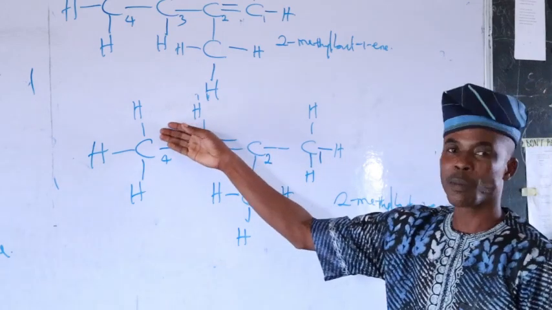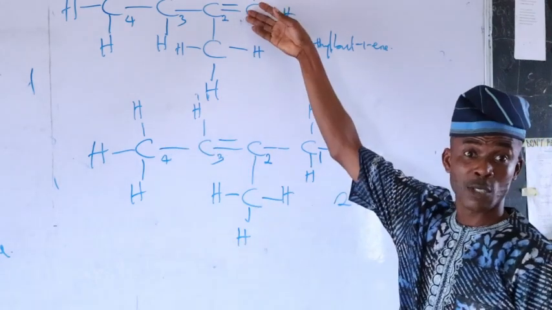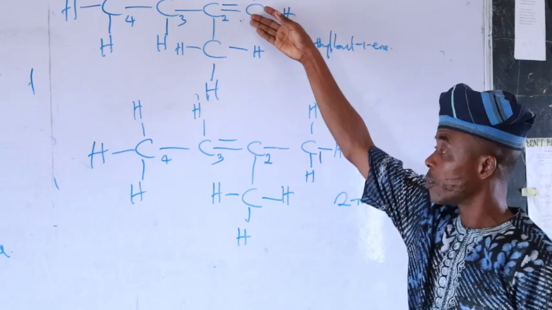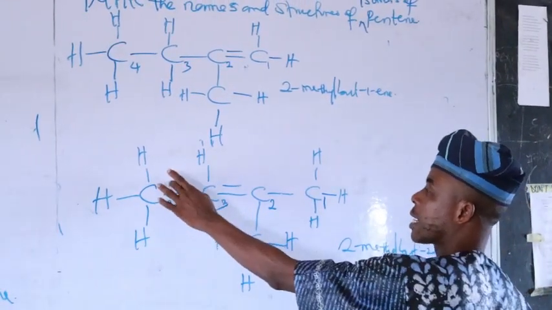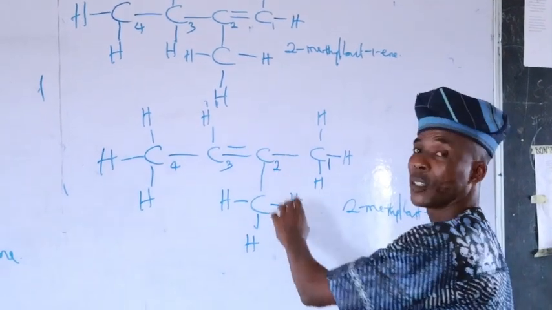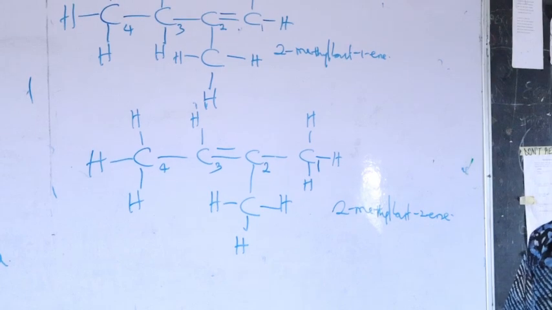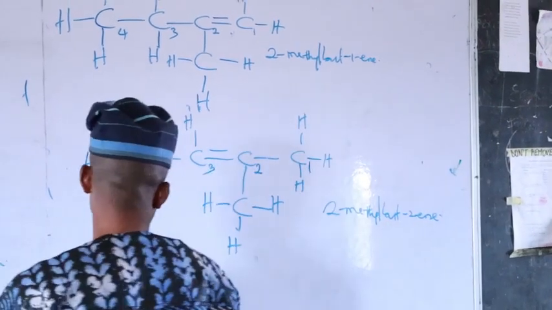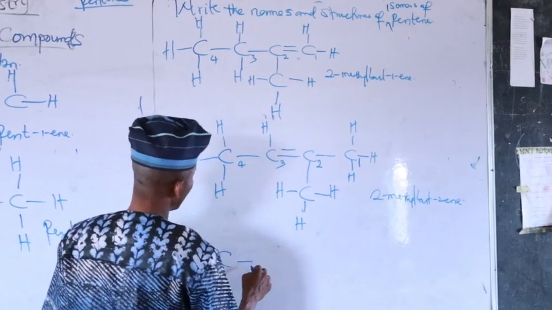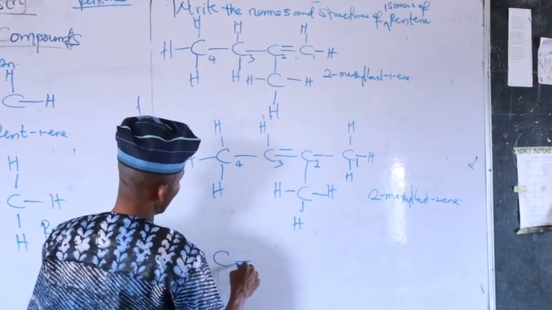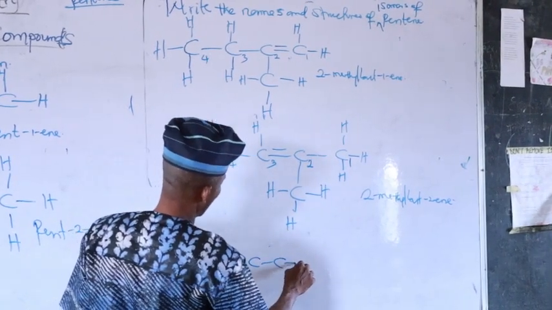Can the double bond come to this place? Because if it comes to this place, it will still be the same as what you have here. Will it? Yes. If I start the counting here, 1, 2, 3, it might be another compound now. Look at what I'm saying. If the name is the same, then we have the double bond here, 1, 2, 3.